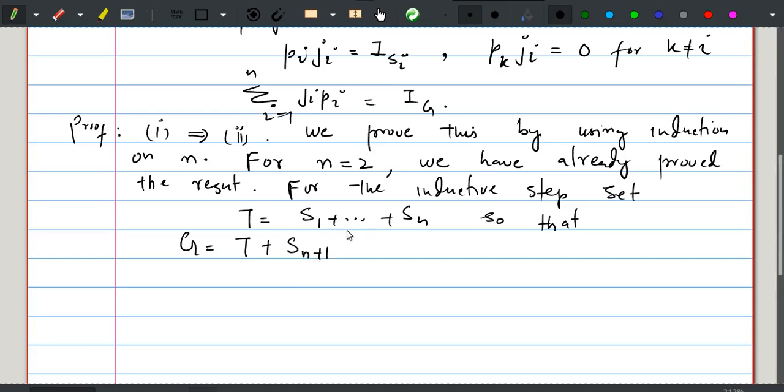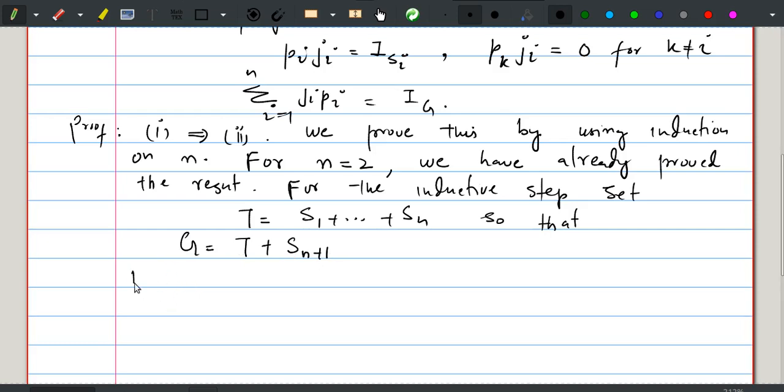Now what we have done here, we have assumed that the result is true for n. That is, we have assumed that each element of T is uniquely expressed as an element of S1 plus an element of S2 plus so on plus an element of Sn. Now we have defined G to be equal to T plus Sn plus 1.